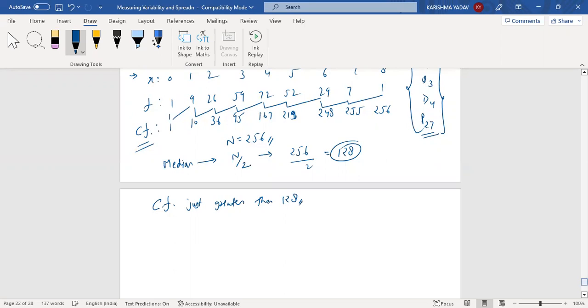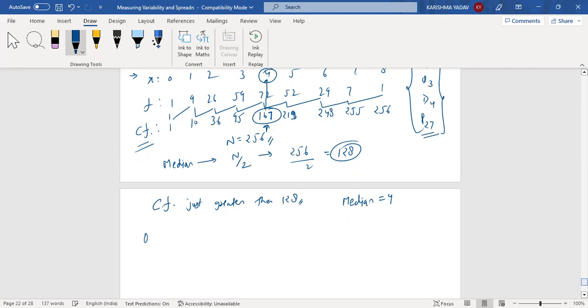This is 95, and the one just greater than 128 is 167. The value corresponding to this cumulative frequency is 4. So we got the median equals 4. That's how we can find the median, quartiles and deciles when you have a frequency type of data set.